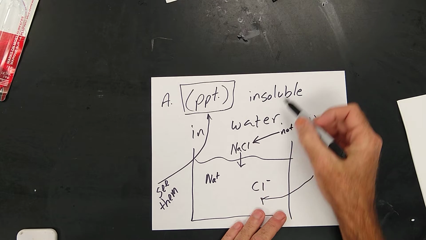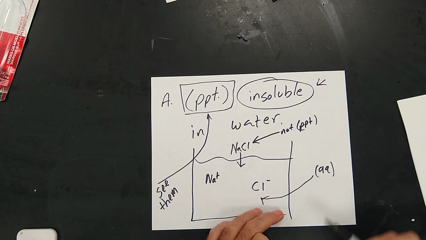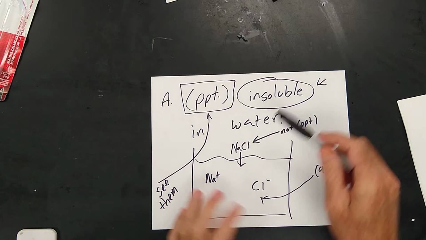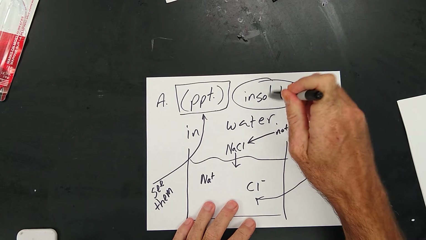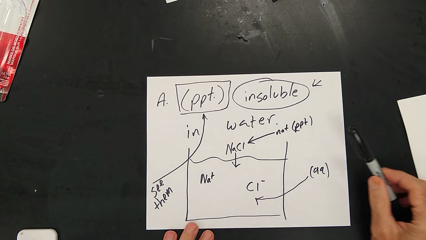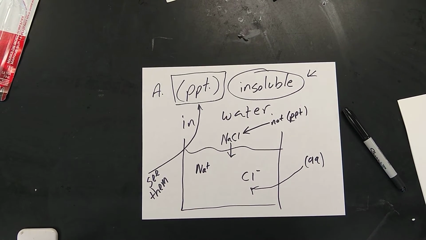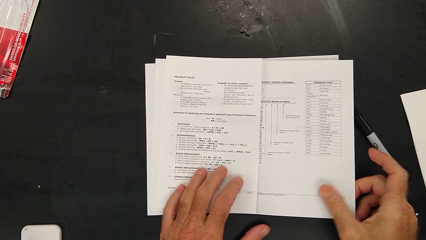So let's think of how we would be able to tell if something was insoluble in water. Insoluble means like not dissolvable. How could we predict if something was insoluble? Well, check this out. You can just look on page 6 of your tables.